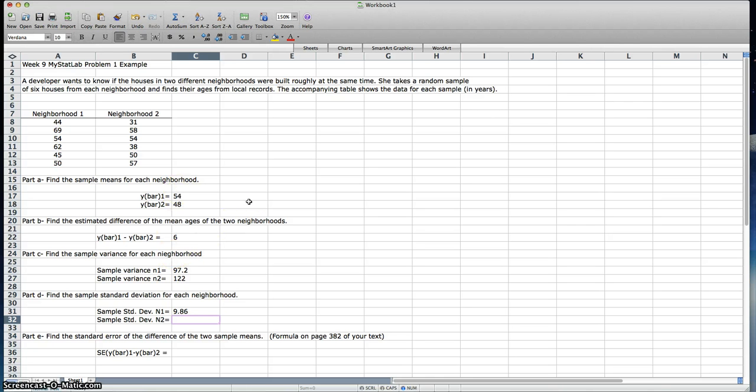So we can go on to neighborhood 2, do the same thing, equals ST, and there's standard deviation. Highlight that also, hit enter, and the standard deviation for neighborhood 2 is 11.05. So neighborhood 1 at 9.86, and neighborhood 2 at 11.05.